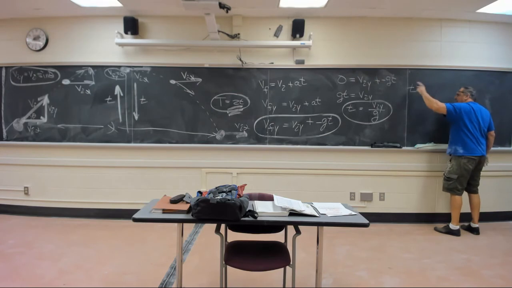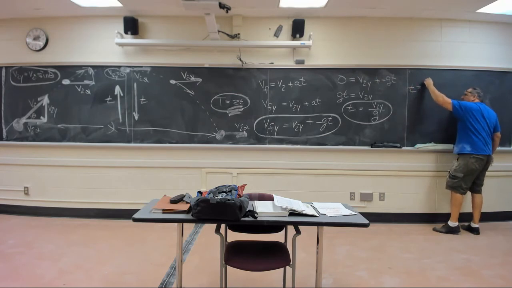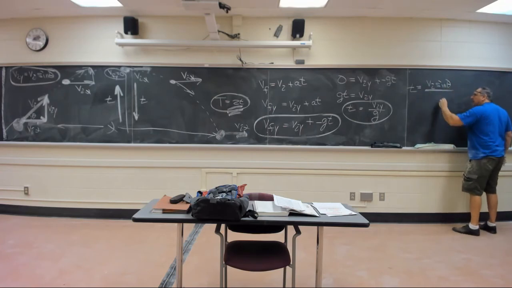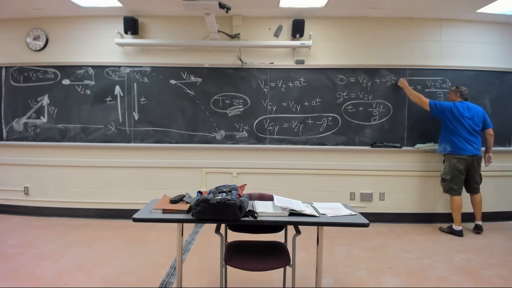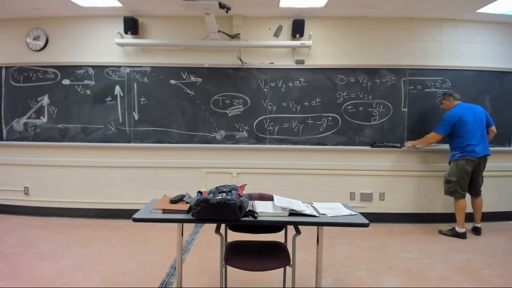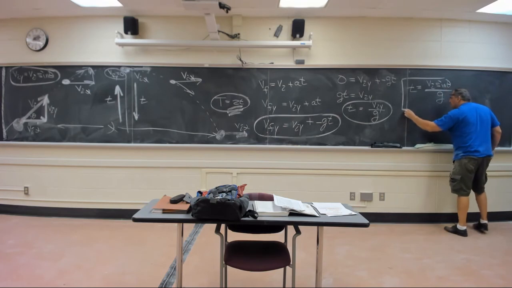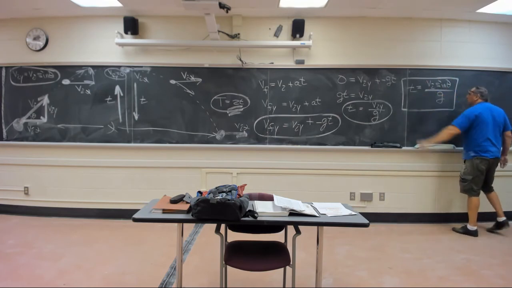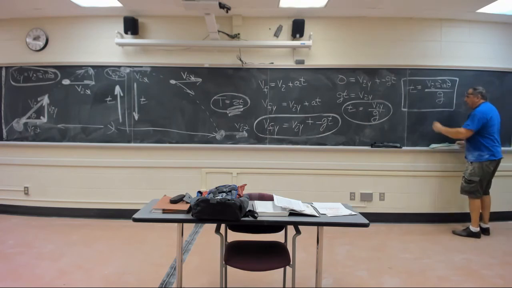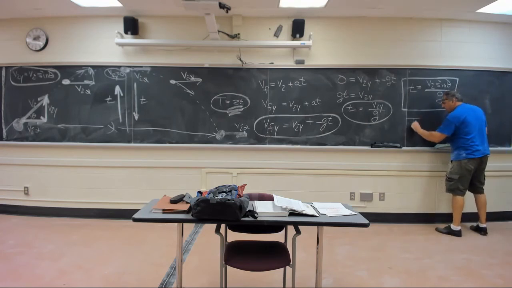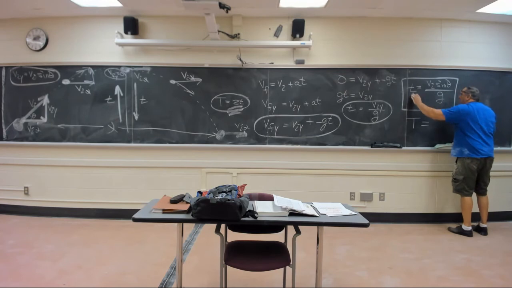The time it takes to get to the top, ladies and gentlemen, is V_i sine theta divided by g. That's the time it takes to get to the top. The total flight time is double what this is.